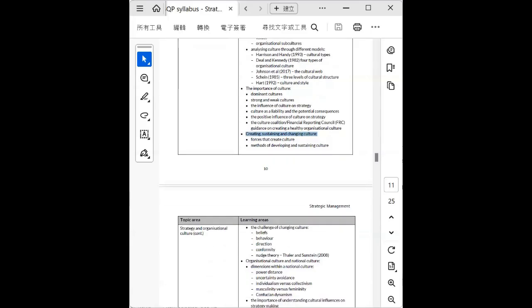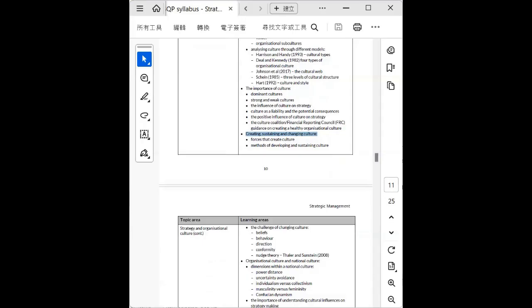Again, you have to be aware of scenario questions when they ask you about changes in the culture. Sometimes this will be linked with section F, which is on change management. So we need to discuss something on change management as well as the change in the culture.